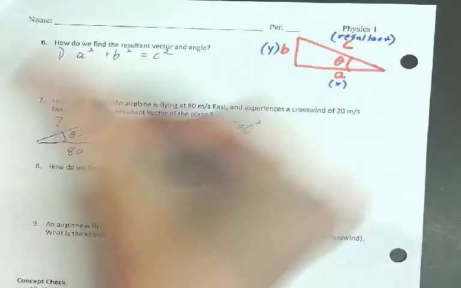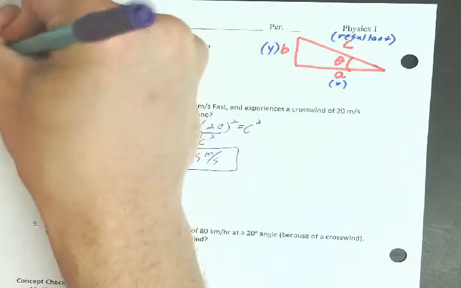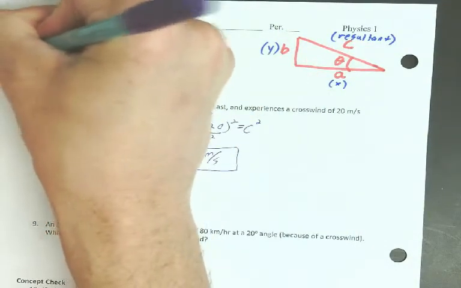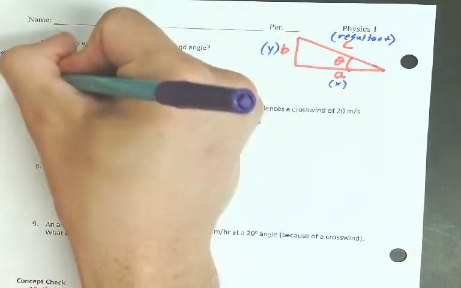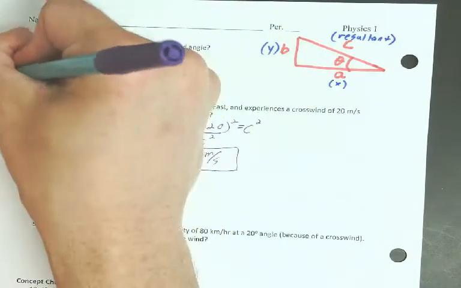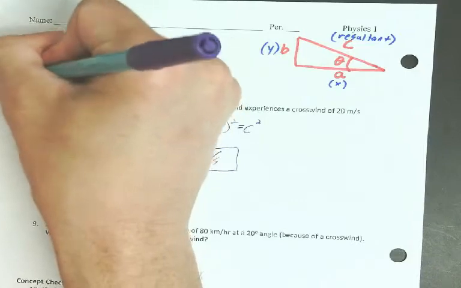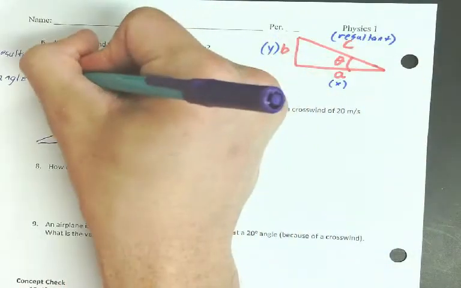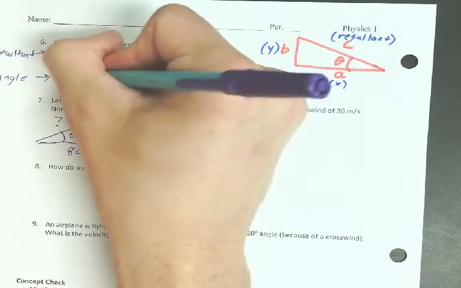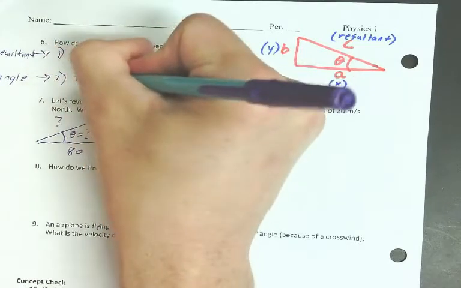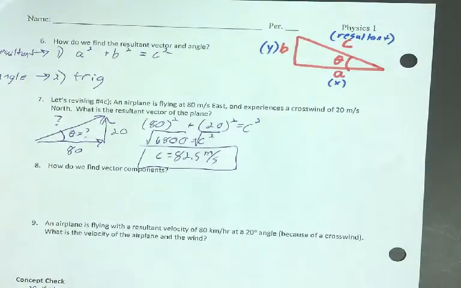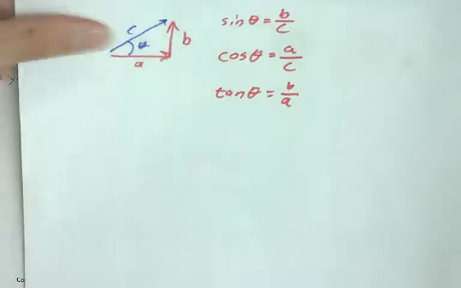Here's how we find the resultant vector. How do we find the angle? We find the angle using our good friends sine, cosine, and tangent. Now, if you do not remember sine, cosine, and tangent, or, even better, have never seen them before, here's what they are.